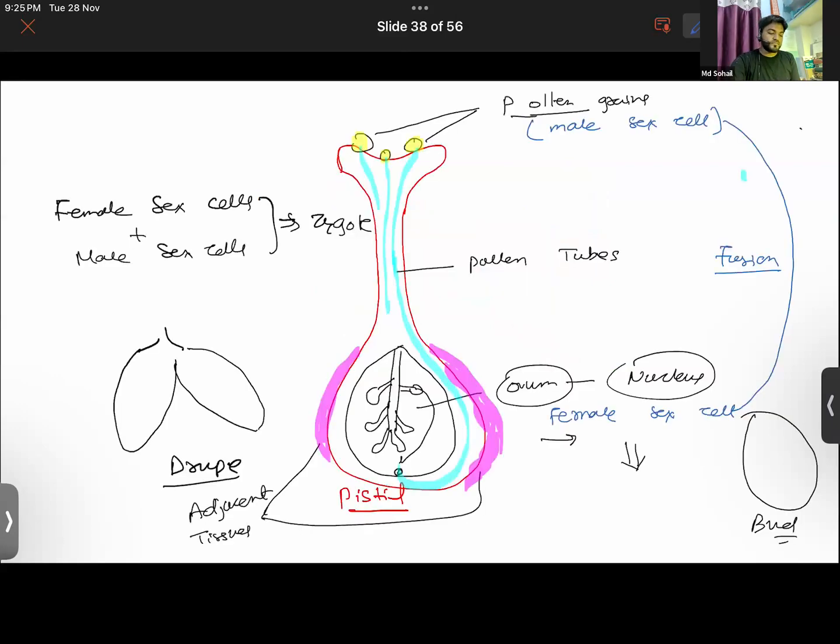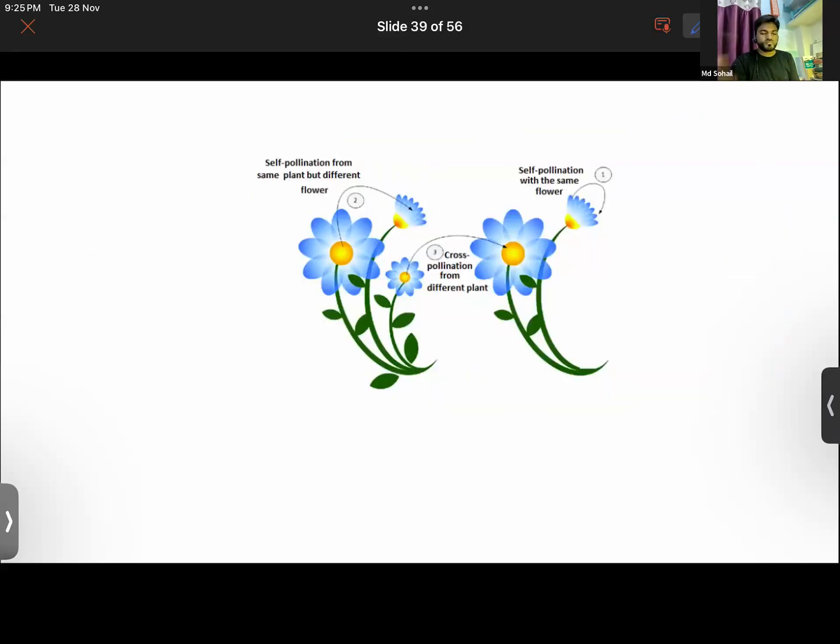Tomato, exactly. Very good, Sundus. Tomato is such a vegetable that is a fruit as well. Why? Because it has developed from a flower.